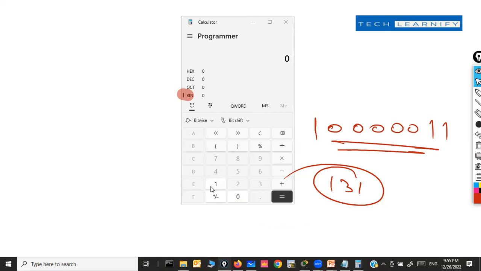So now if I type here 1 0 0 0, something wrong I typed. Let me clear this. So 1 and then 0 0 0, this. And if you look at this decimal representation, it is equivalent of 8, right?